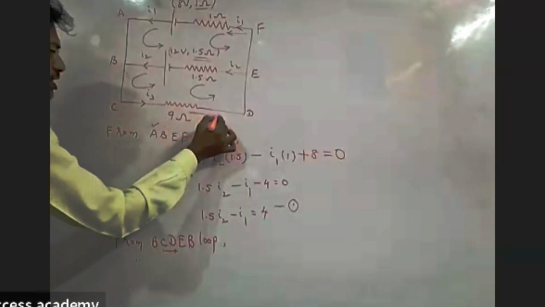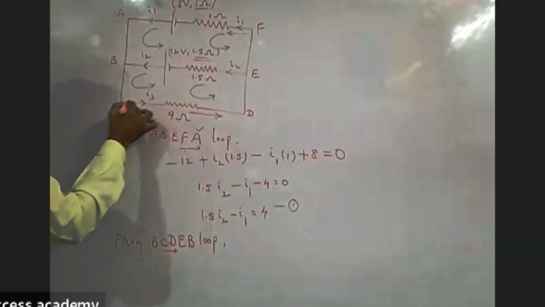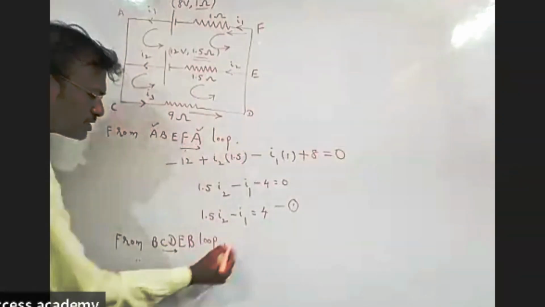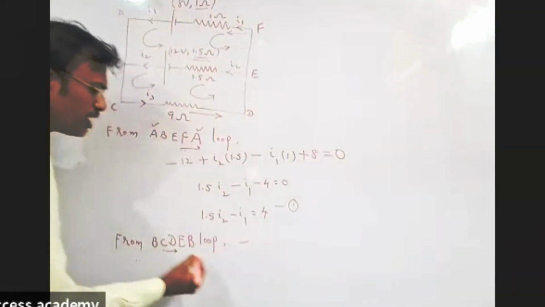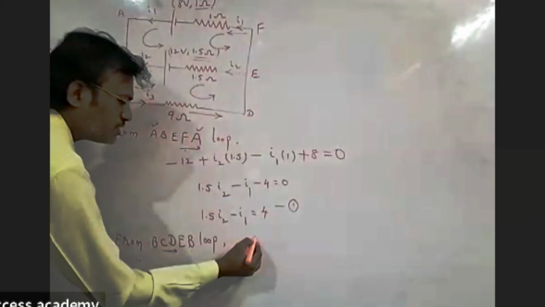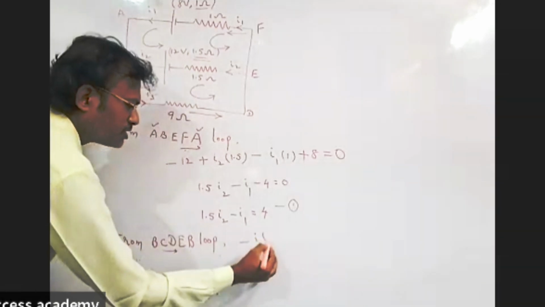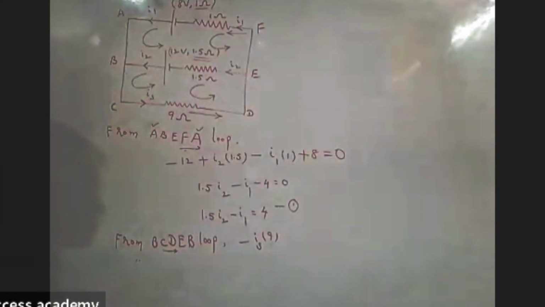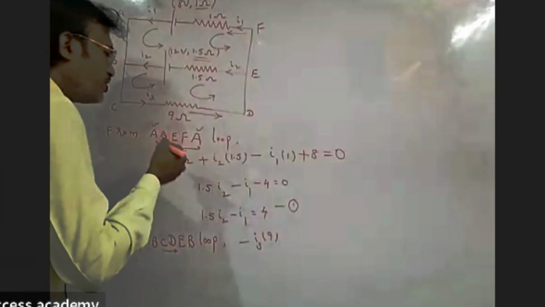You are moving in this direction, and the current is also in the same direction along CD, and that's why it is minus. The current is I3, the resistance is 9 ohm, so that is minus 9 I3.